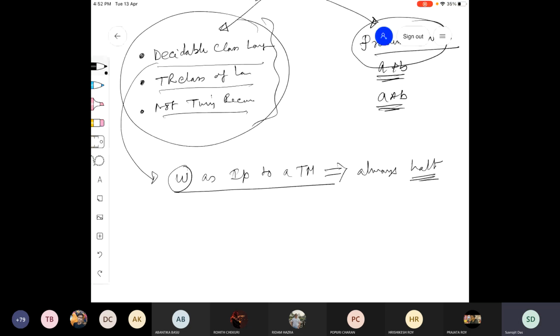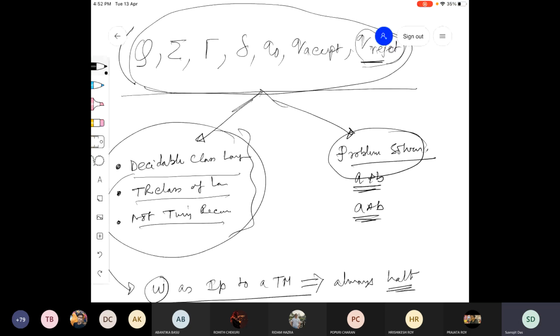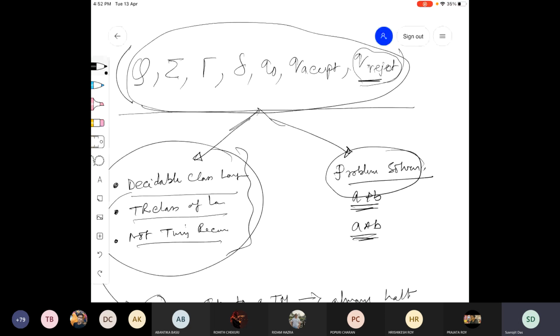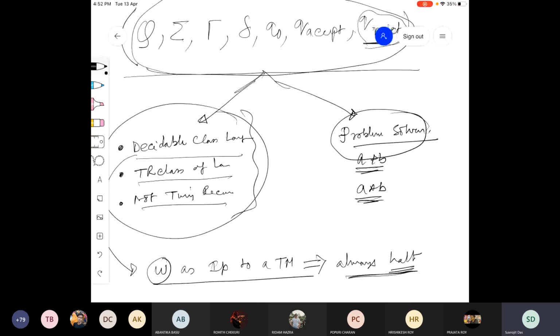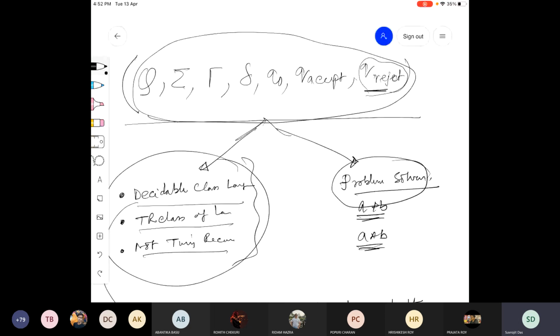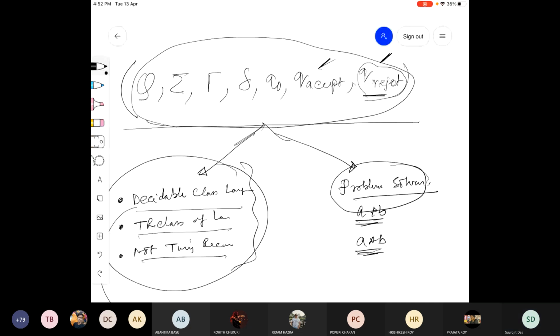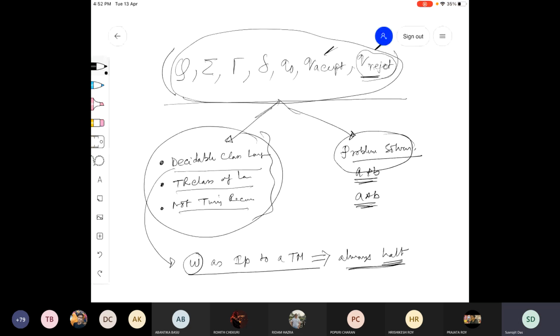What is halting? What do I mean by this? That Turing machine should always halt. That means the Turing machine should always either, it should not be confused, it either accepts and stops or rejects and stops. That is the interpretation of always halts.